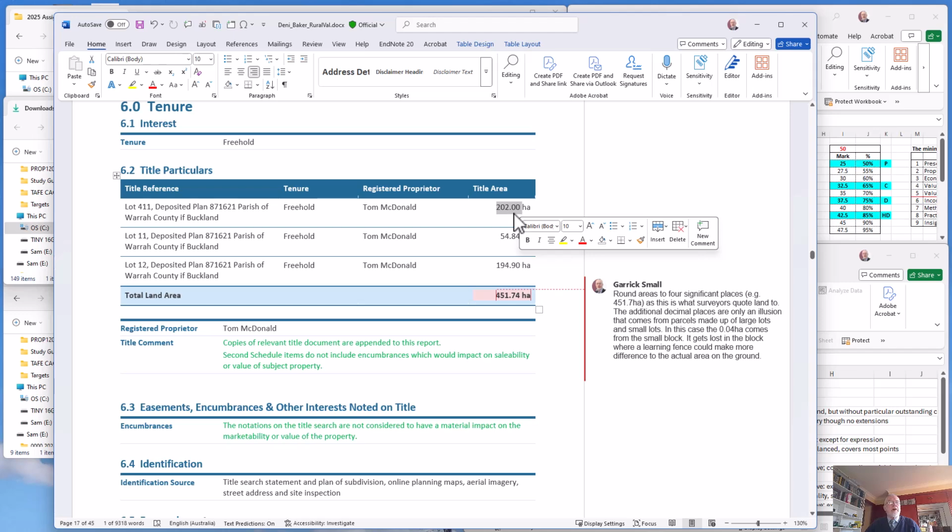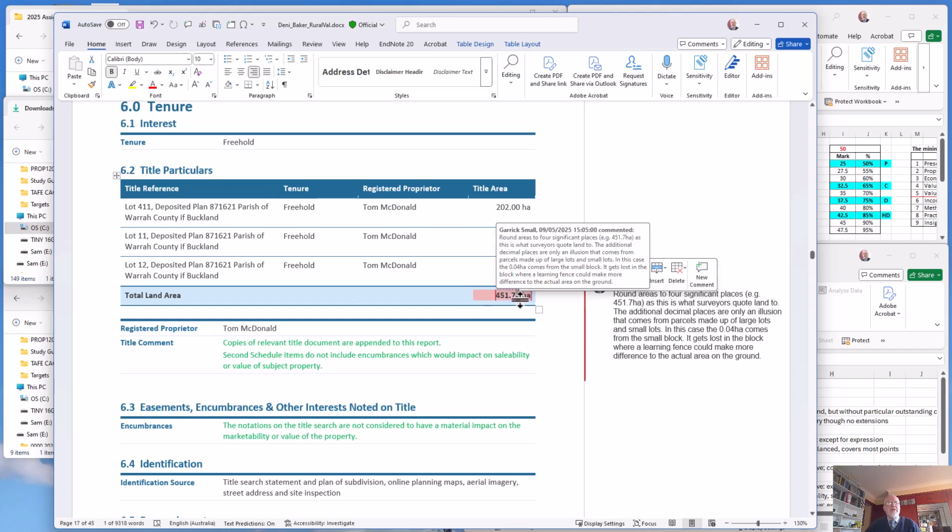Okay, what am I saying here? That the 0.04 hectares, which is reasonably understandable in lot 11, by the time it's added to these other blocks of land to give this parcel, we don't know really whether it's 451.68, 70, 77, whatever.